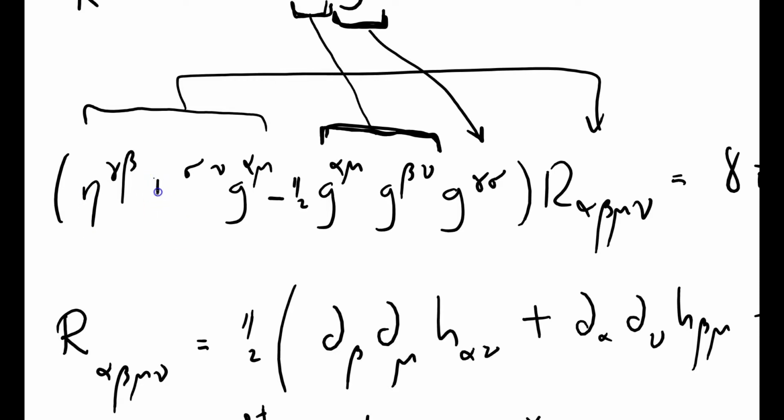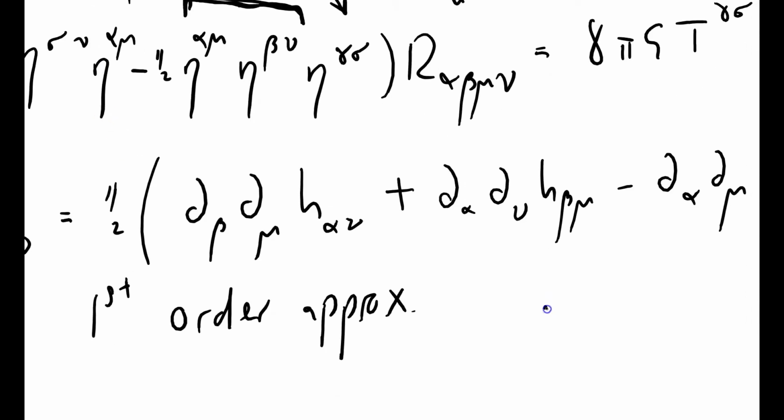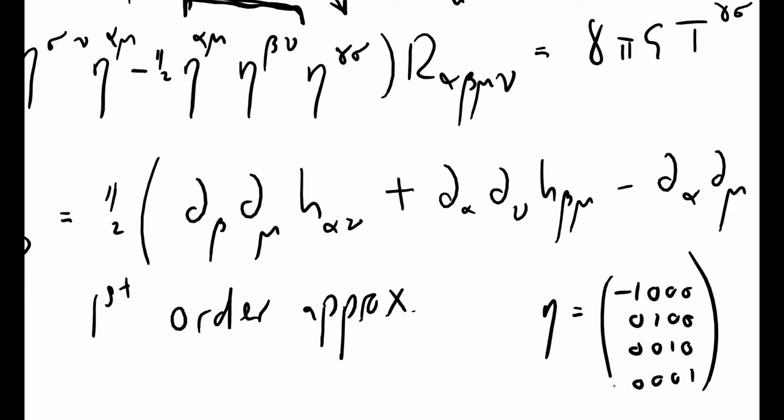I'm going to replace the metric tensor g with the flat space Minkowski tensor eta, where of course eta equals minus 1, 0, 0, 0, 0, 1, 0, 0, 0, 0, 1, 0, 0, 0, 0, 1. Constant, as I've said many times.